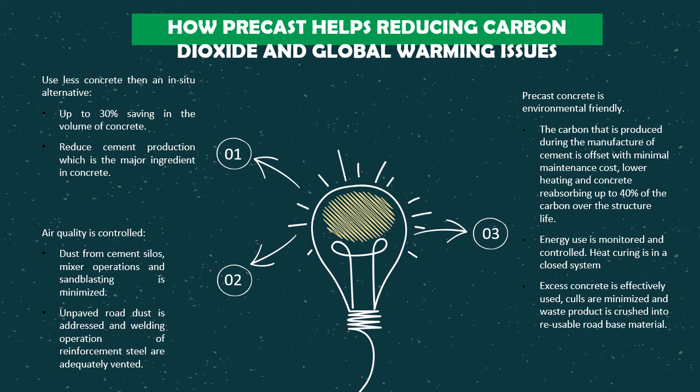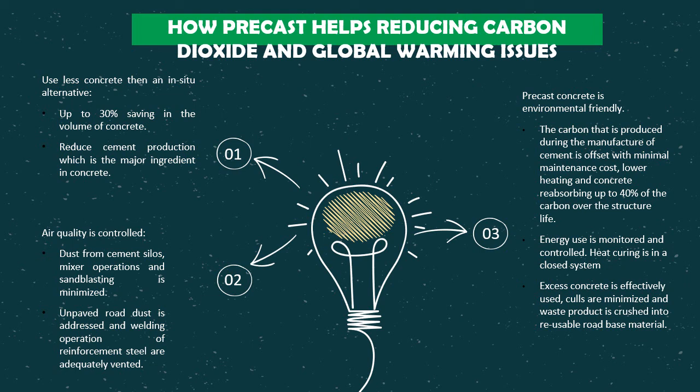The second one is that air quality is controlled. In a precast manufacturing plant, dust from cement silos, mixer operation and sandblasting can be minimized. Unpaved road dust is addressed and welding operations for the reinforcement steel are adequately vented. The last one is that precast itself is very environmentally friendly.